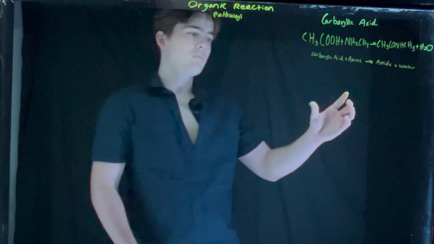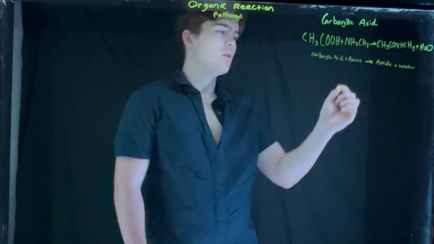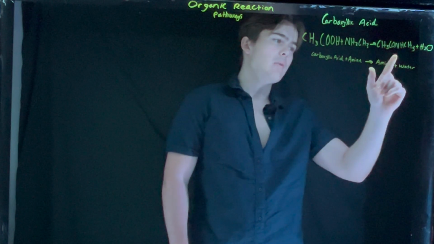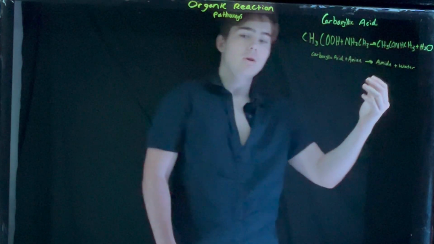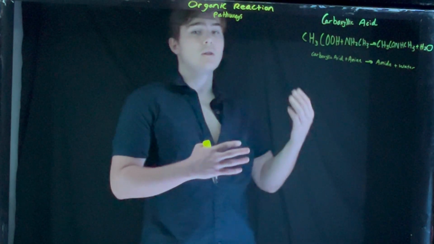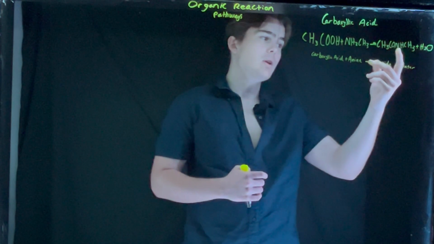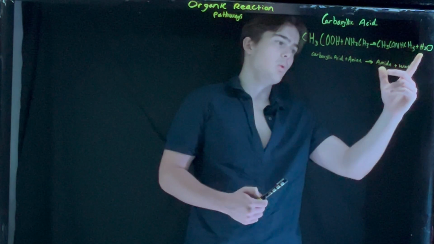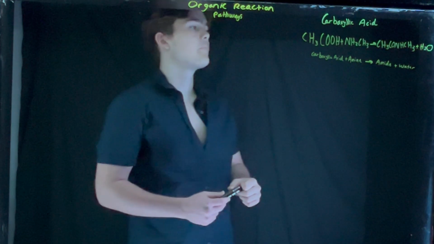So for this reaction here, we have carboxylic acid plus an amine produces an amide. On the amide side, we have a carbon double bonded to the oxygen and also bonded to the NH group here. And that's going to give us an amide plus water over here.